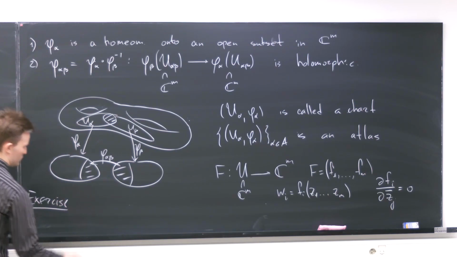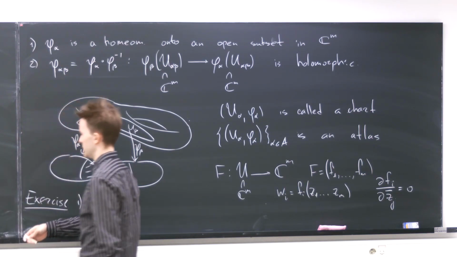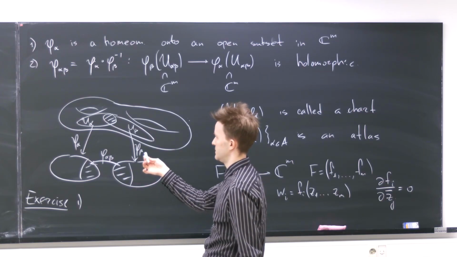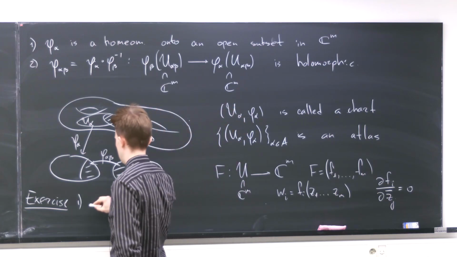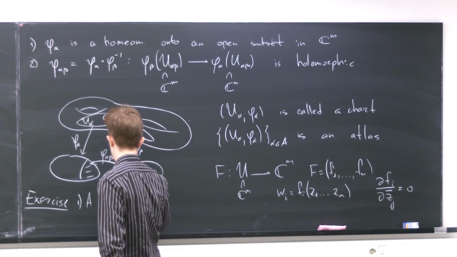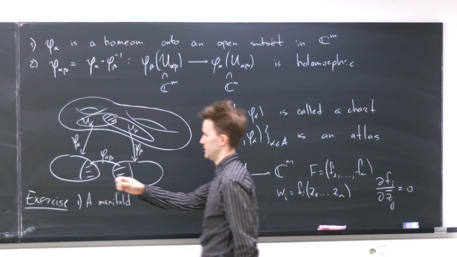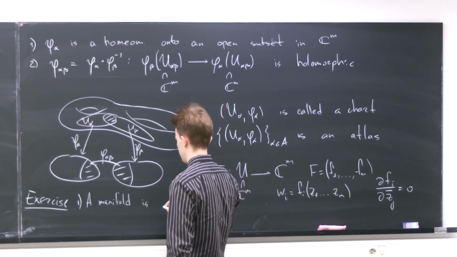As an exercise, just to recall some notions from basic topology, you can think about this exercise at home: just check that any manifold, a complex manifold, or even any real manifold, is a normal and paracompact topological space.